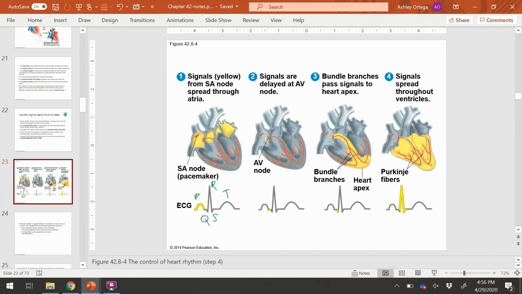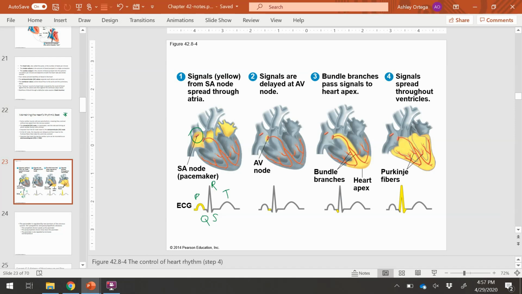And so here you can see the control of heart rhythm in diagram form. First, starting out, the signals in yellow from the SA node, which is the tiny region here, in the back area of the right atrium, kind of close to where the superior vena cava will connect.